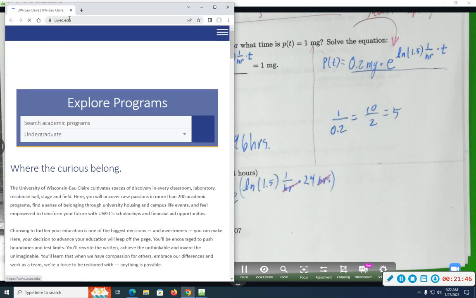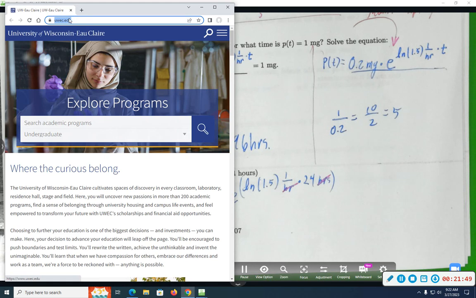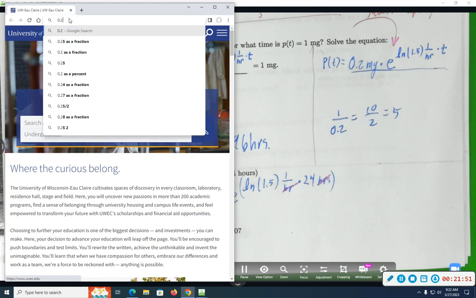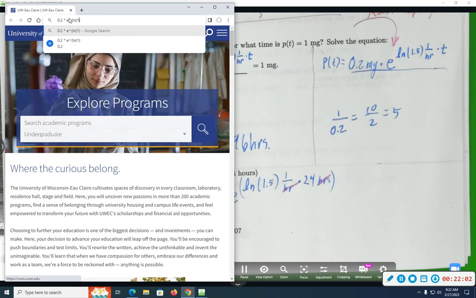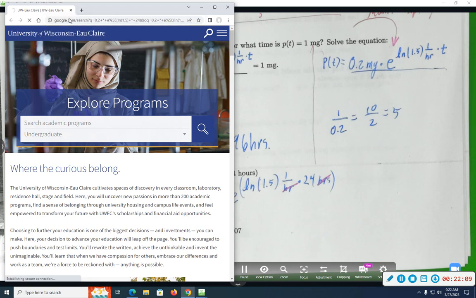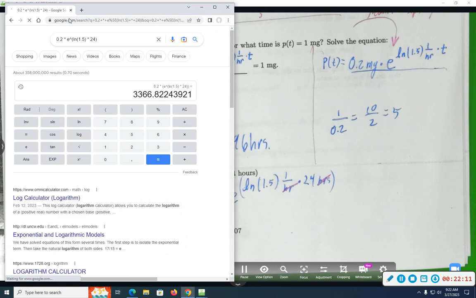All right, so doing that, 0.2, since I'm using a machine now, I'll just have to remember that there's a milligrams there, times e raised to the ln of 1.5 times 24. I get about 3,400 milligrams.